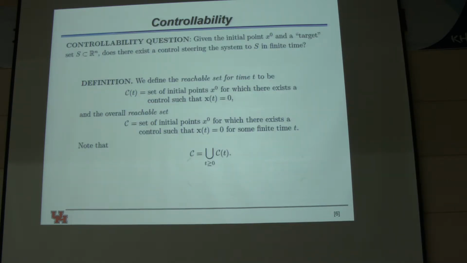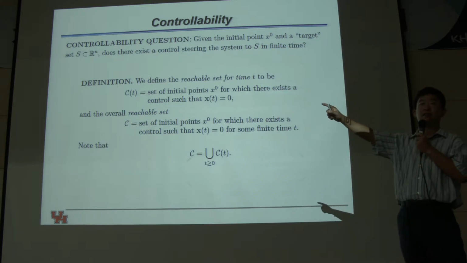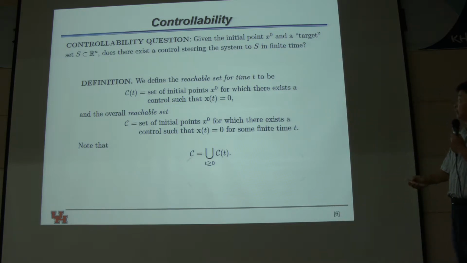And then there are two concepts. The first one is controllability. So the question is: given any initial state and any target, can we make the system reach it in finite time? In other words, given the initial x0 and a target at location x, can you take a control to make it get there?